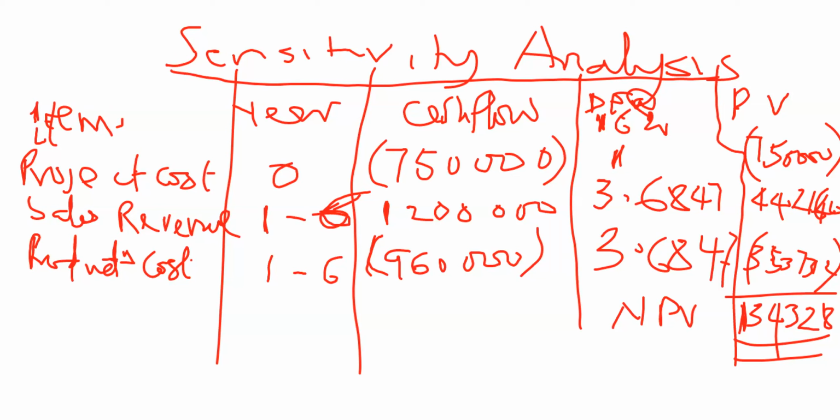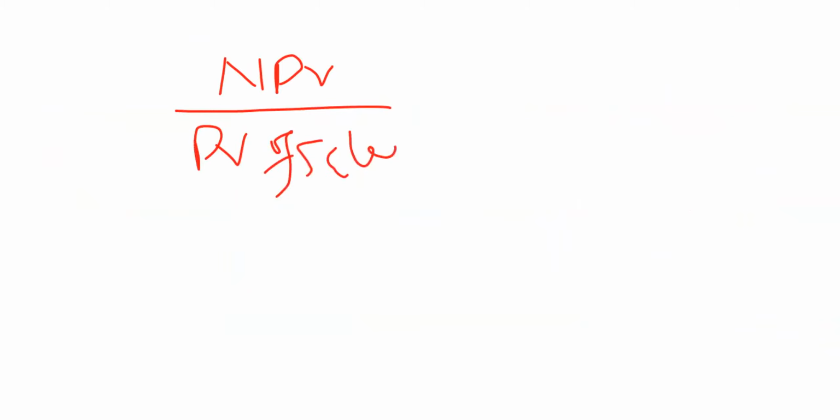NPV, that's your numerator, NPV over present value of sales, times 100/1.